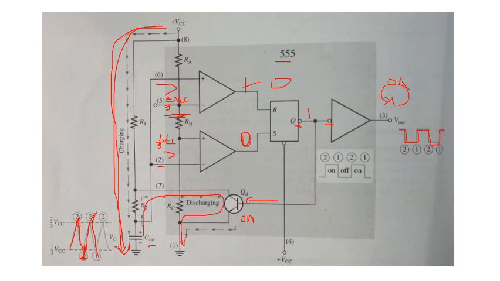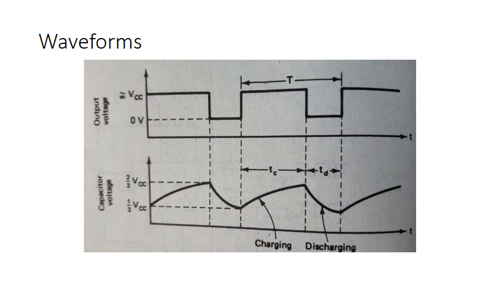By designing the resistors R1 and R2, we get a square wave over here. These are the waveforms, the output. Based on the capacitor charging and discharging, you get the output there. The capacitor charges through the resistors R1 and R2, so it takes some time, because it is R1 plus R2 over here, and discharge is through R2.